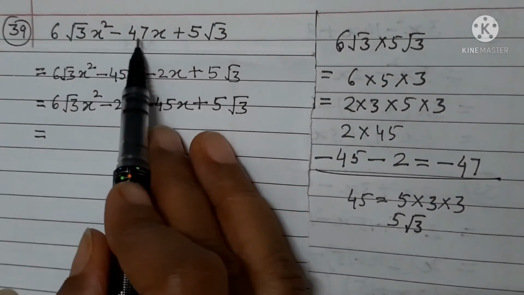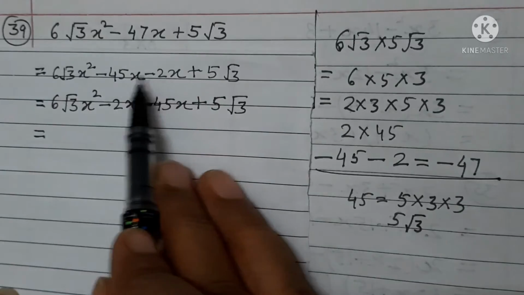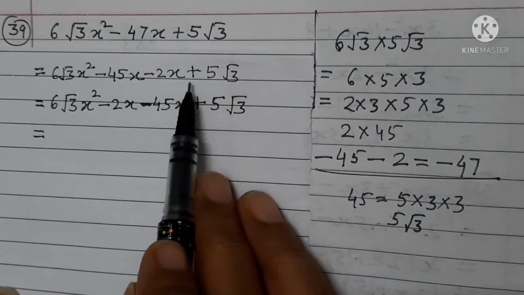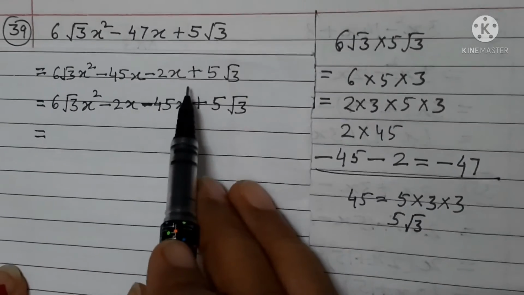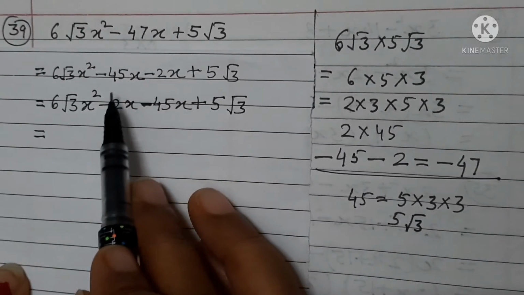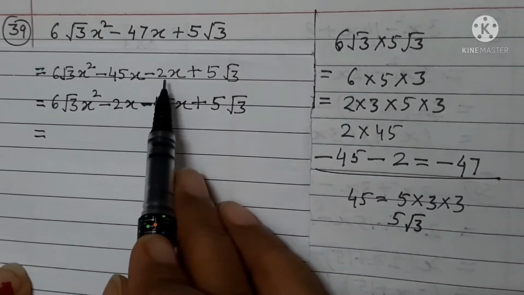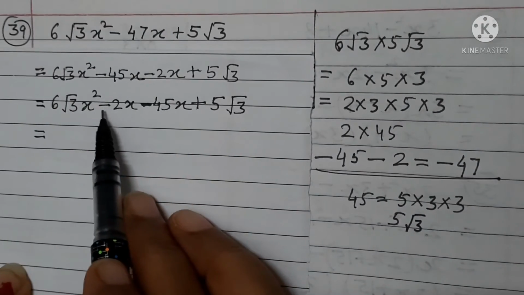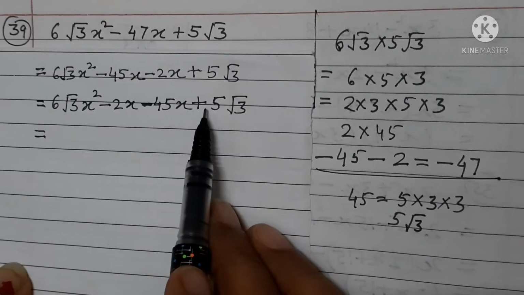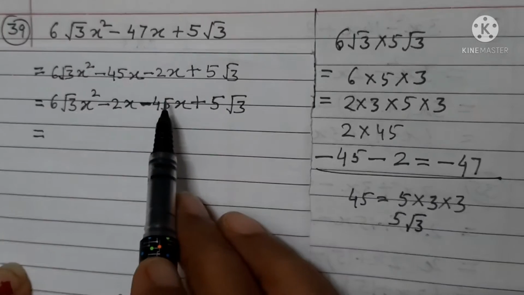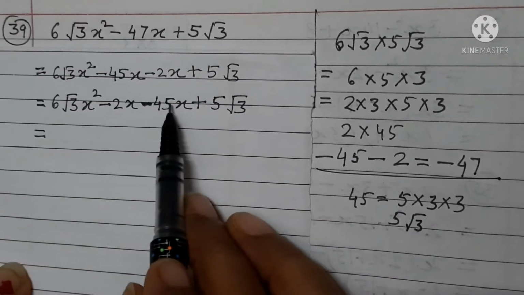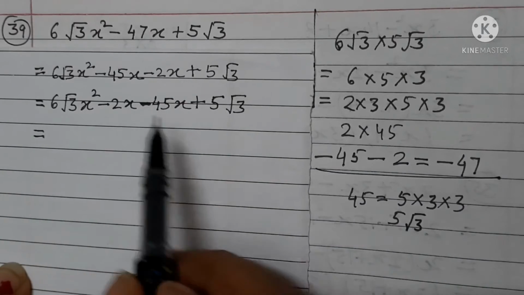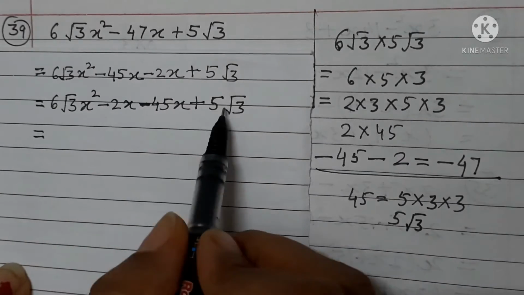Now here you can write minus 47x in two parts, minus 45x minus 2x, and plus 5 root 3. For your convenience, I am taking minus 2x before minus 45x. So 6 root 3 x square minus 2x minus 45x plus 5 root 3, so that you can take common easily from these two terms, because 45 and 5, 5 9s are 45.